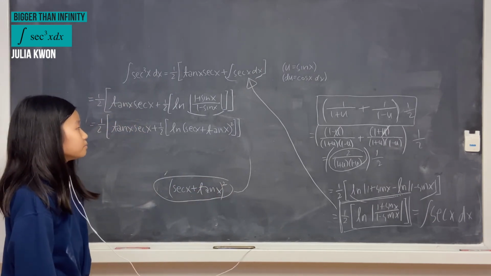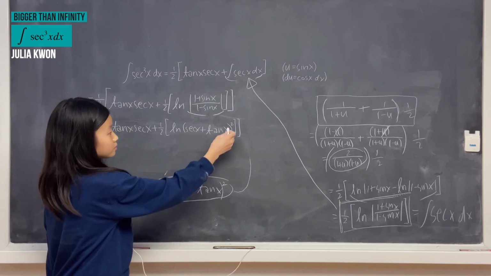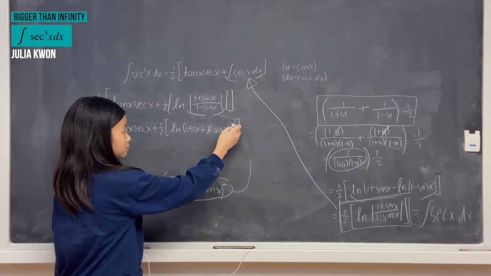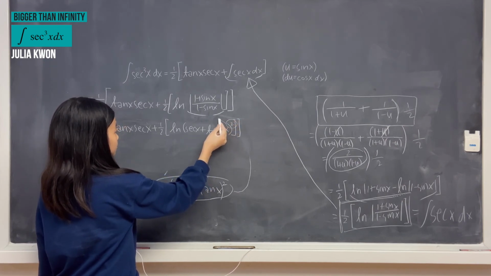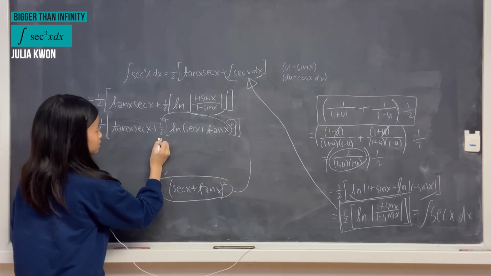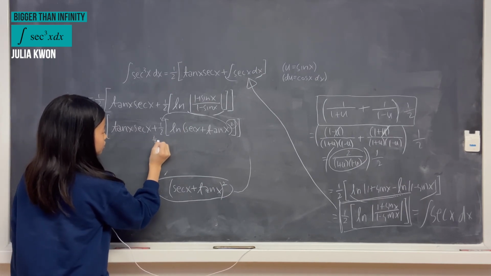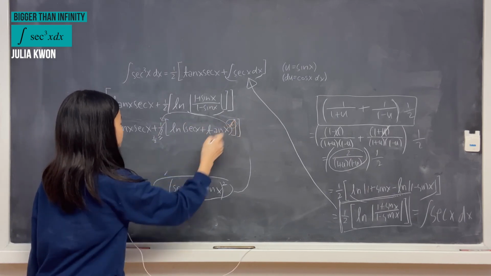And also we can simplify this part even more using the properties of logarithms. So this 2 can be brought down to here, which will give us 2 over 2, which is 1, so we can just cancel these two out.